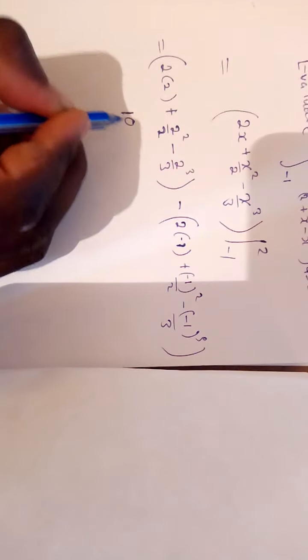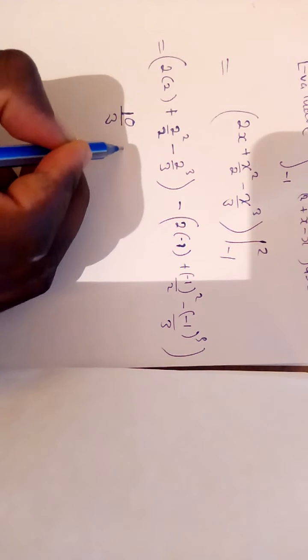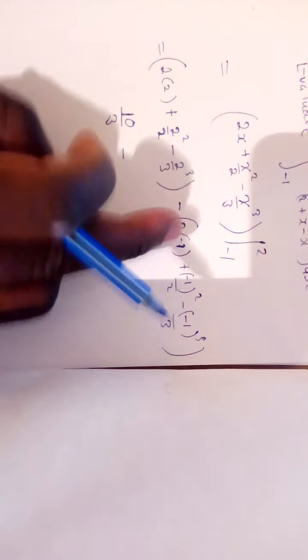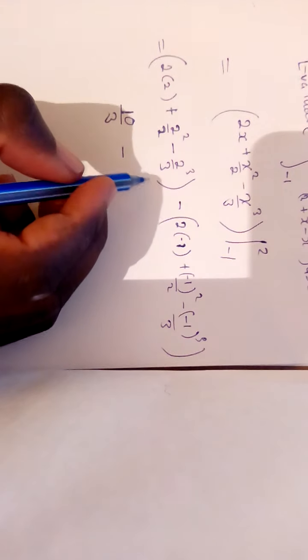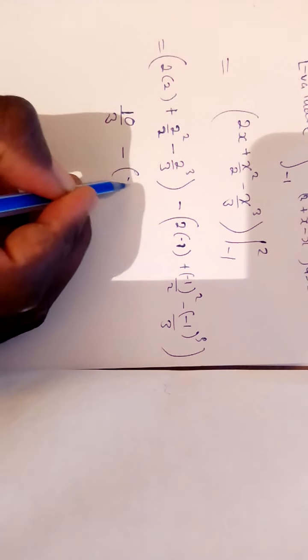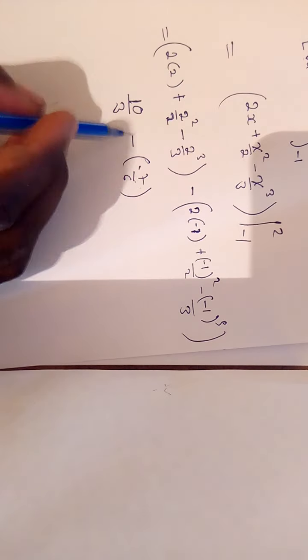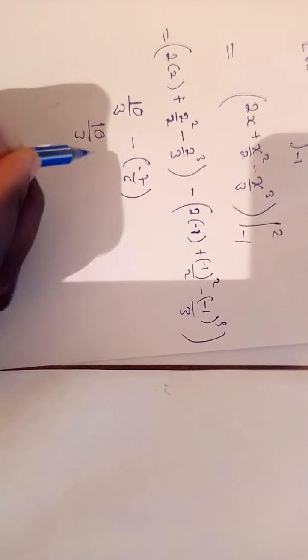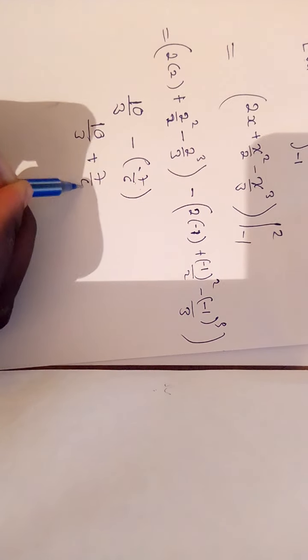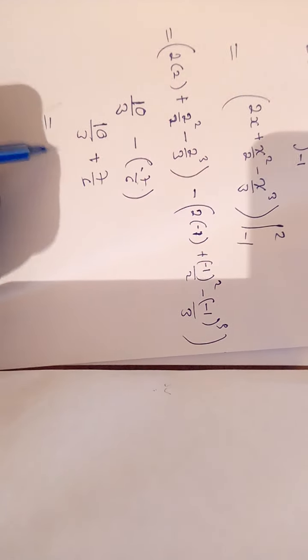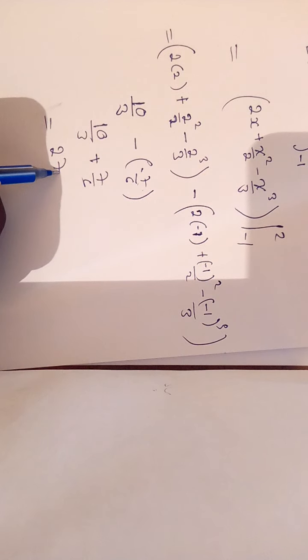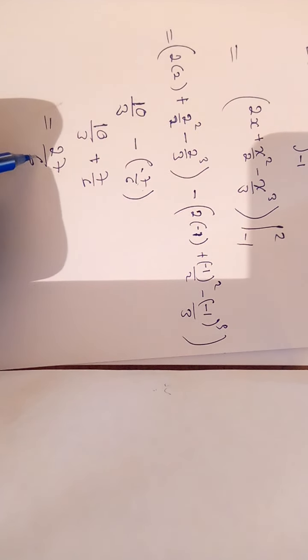When you solve here and there, you're going to get something like this. You solve here, you're going to get something like -7 over 6. Once you solve, it will look like this, and the answer will be 27 over 6.